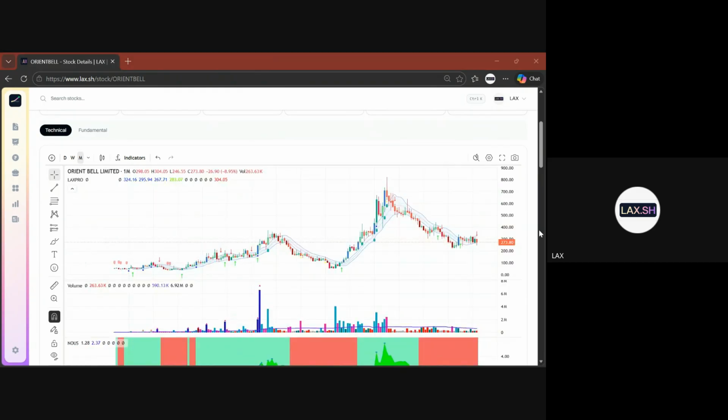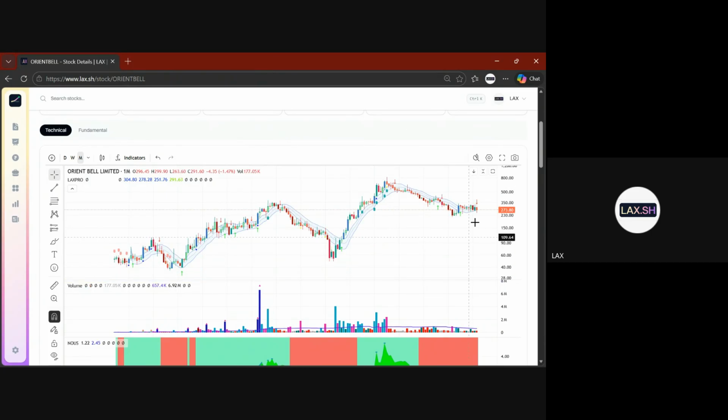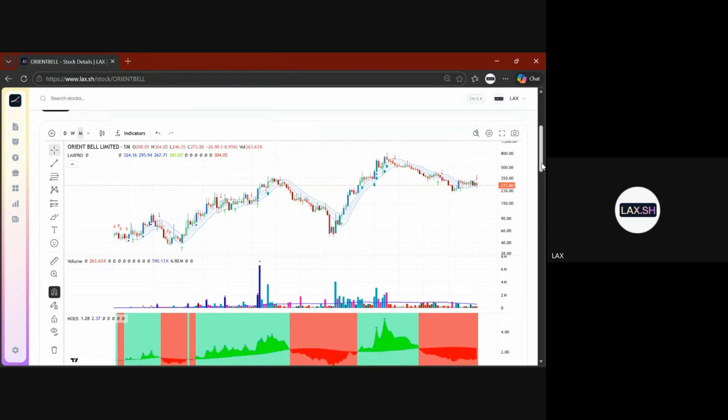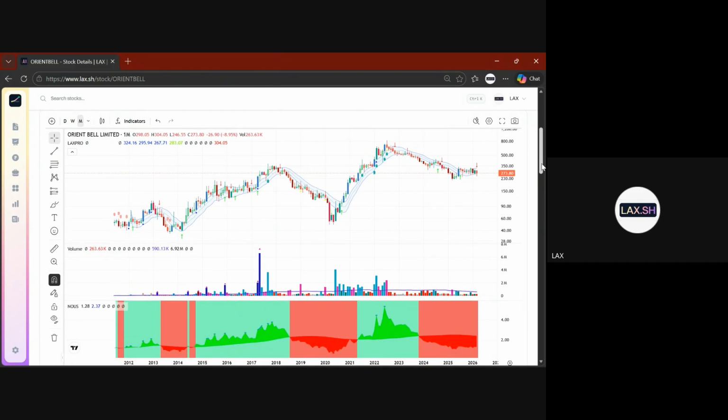Look at this chart. Can you just look at this chart and say it is under accumulation or not? Anybody who has issues with it? If you can say yes, accumulation, please type yes, accumulation. It is under accumulation, right?